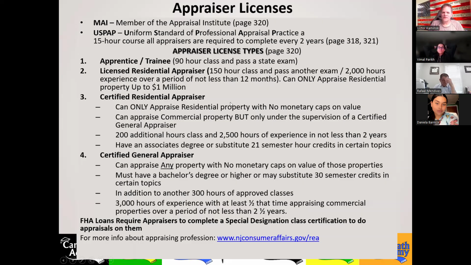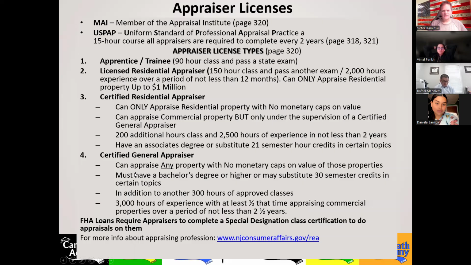A certified residential appraiser can appraise residential property with no monetary caps on value, and can appraise commercial property, but only when they're under supervision of a certified general appraiser. They need to take an additional 200 hours of class and 2,500 hours of experience over not less than 2 years to become a certified residential appraiser.